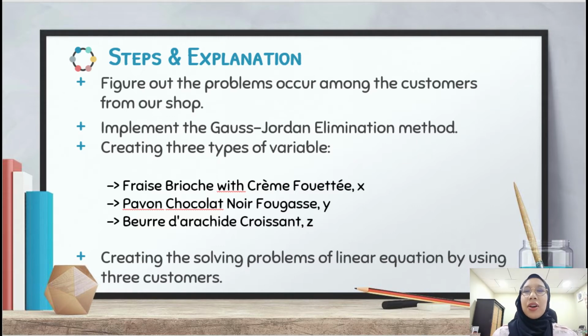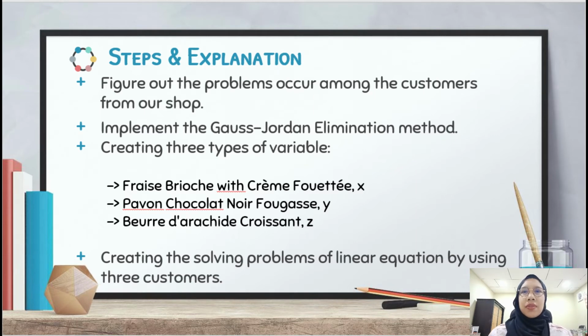Before that, in order to create and solve the problems for our case study, we create three variables which consist of the pastries and buns sold at our shop. As you can see, variable x is French brioche with creme fouette. Variable y is Pavon chocolat noix fougasse. And the last variable, z, is Burro tarty croissant.